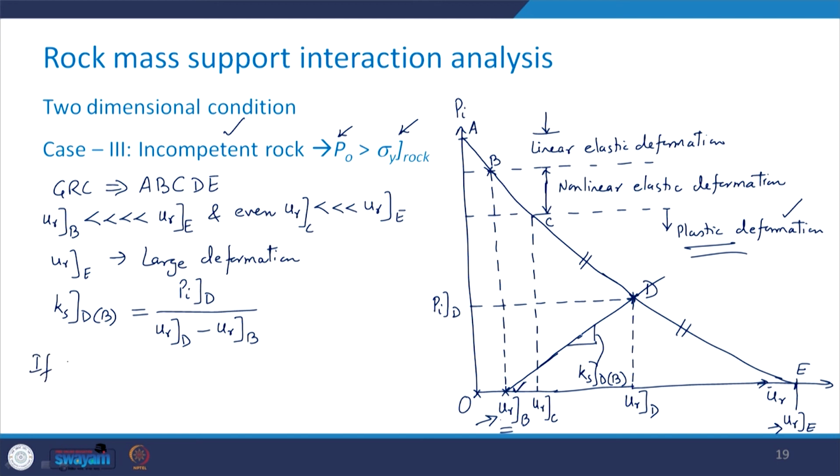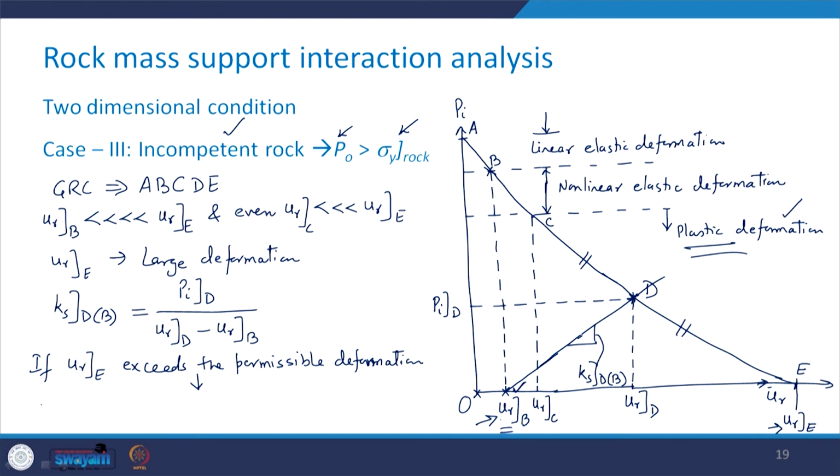If your URE exceeds the permissible deformation, then what will happen?